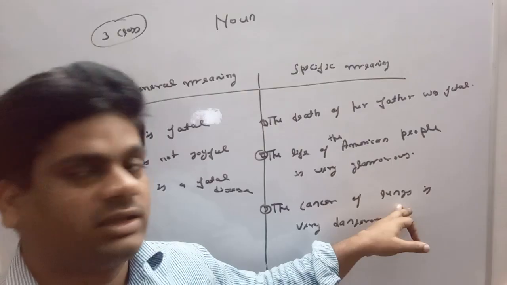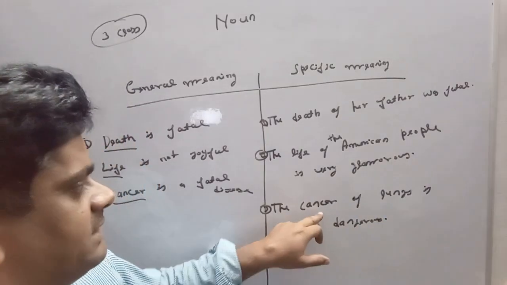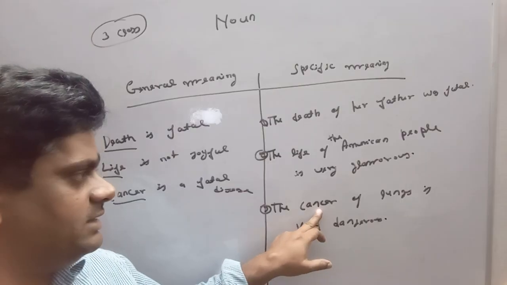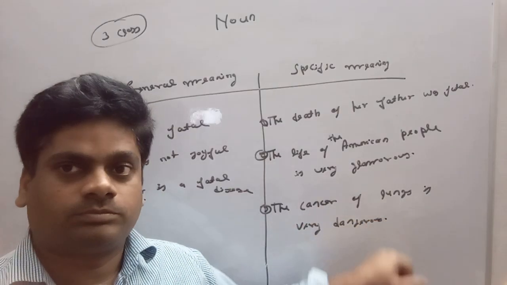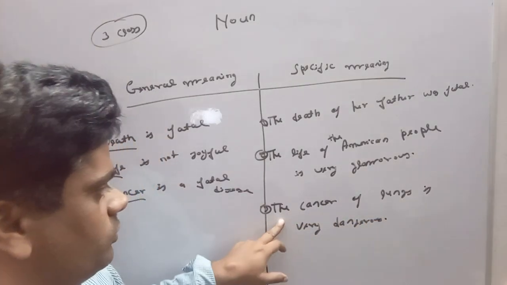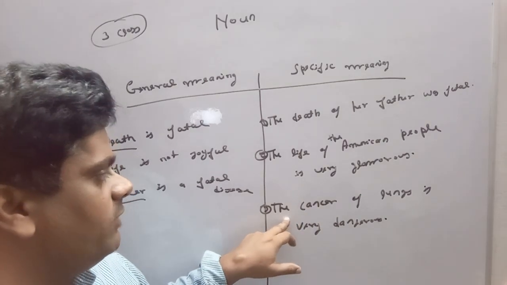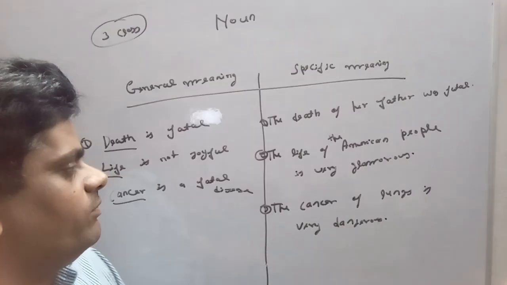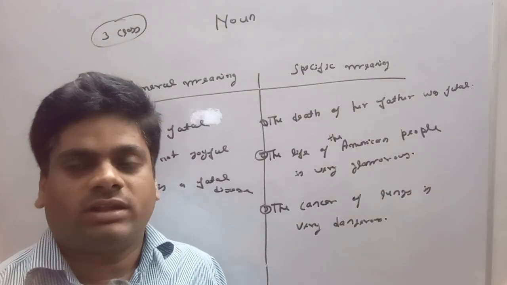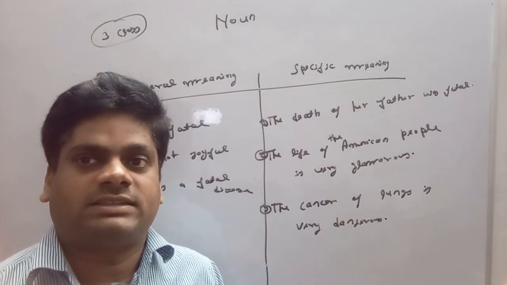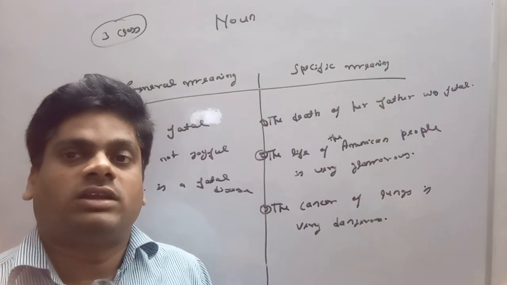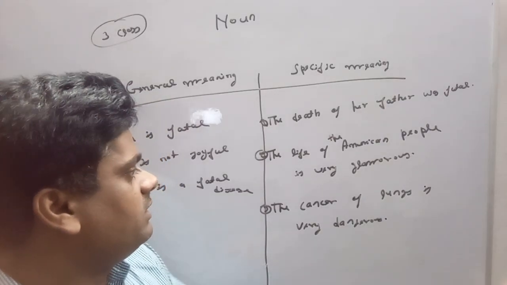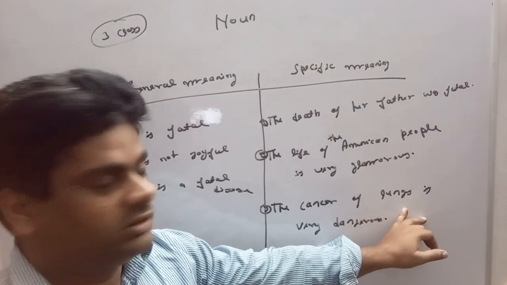So, we cannot put article here. But the cancer of lungs, here this fatal disease is concerned with the lungs. So, we can use article before the cancer because here the so called disease is concerned with lungs. We are not talking about the general sense of cancer, we are talking in a specific sense, and this specific sense is concerned with the cancer of lungs.